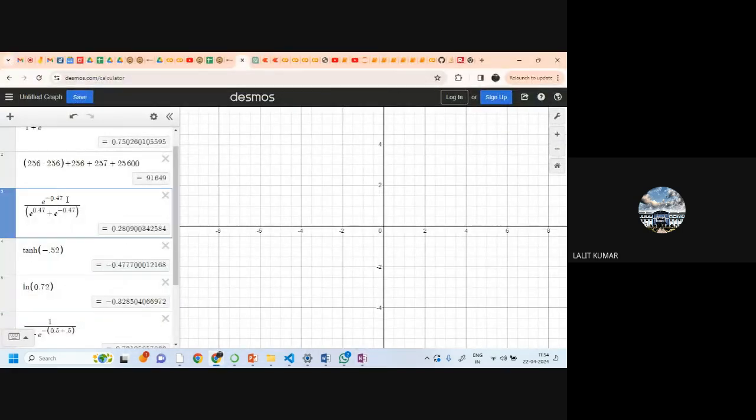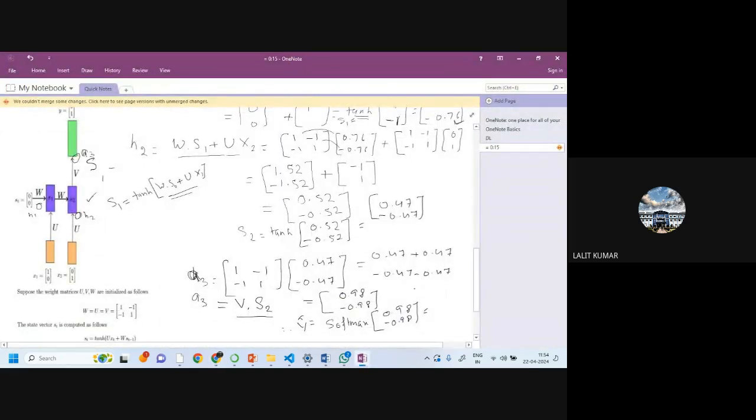This will become 0.87 is equal to 0.87 and 0.13.